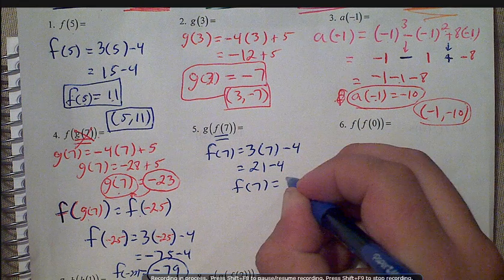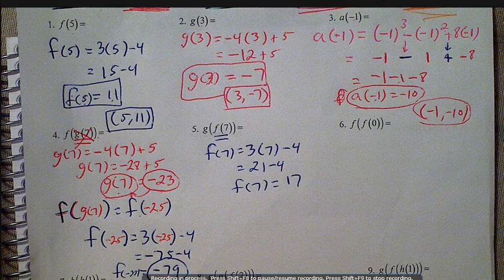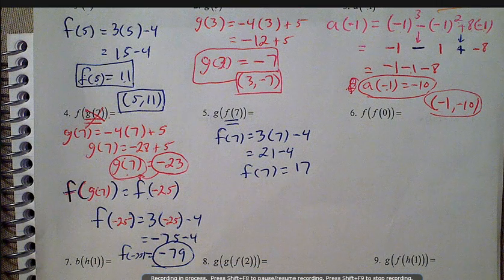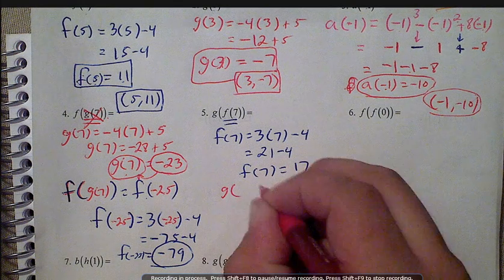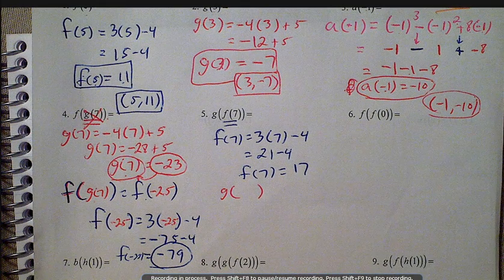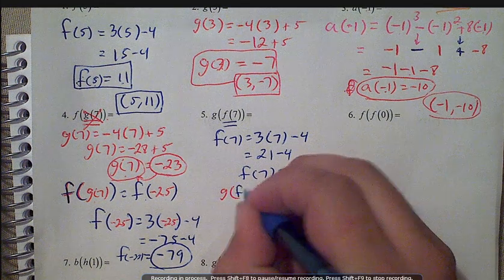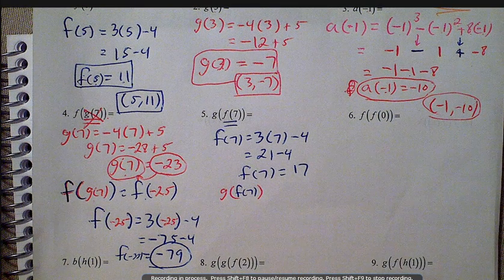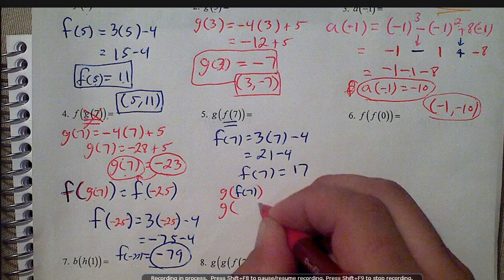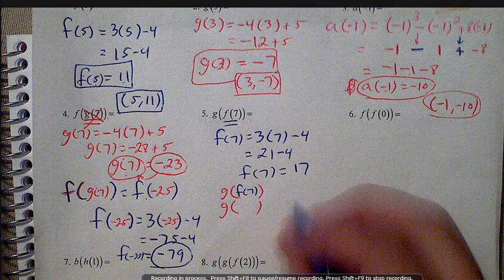So now the original problem is g, and what we're substituting into the g function is f of 7, which is the same thing as substituting 17 in. Since f of 7 equals 17, do a substitution.